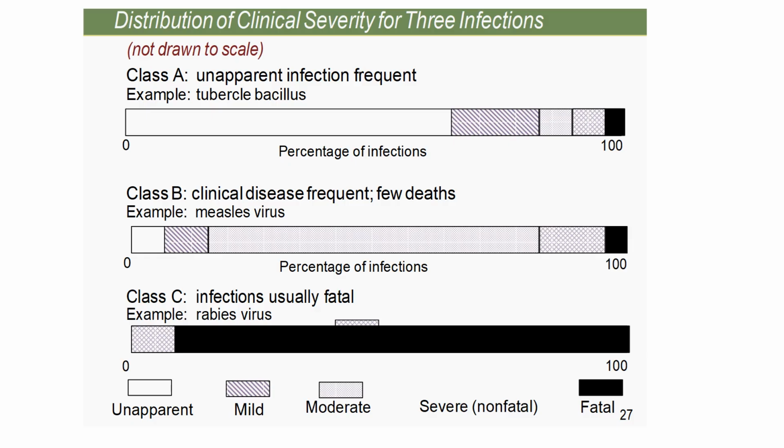If we look at measles virus, clinical disease is very frequent with few deaths. We can see most of those who get measles virus will develop moderate disease, with a good proportion with severe non-fatal disease and a proportion of fatal cases. The picture is different with rabies.